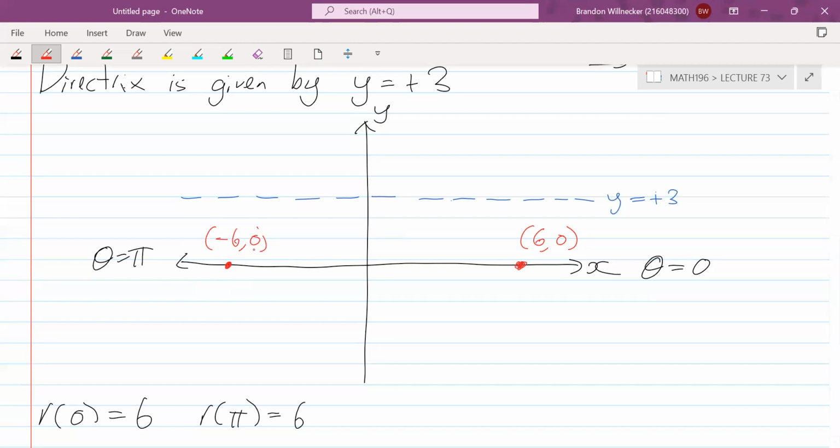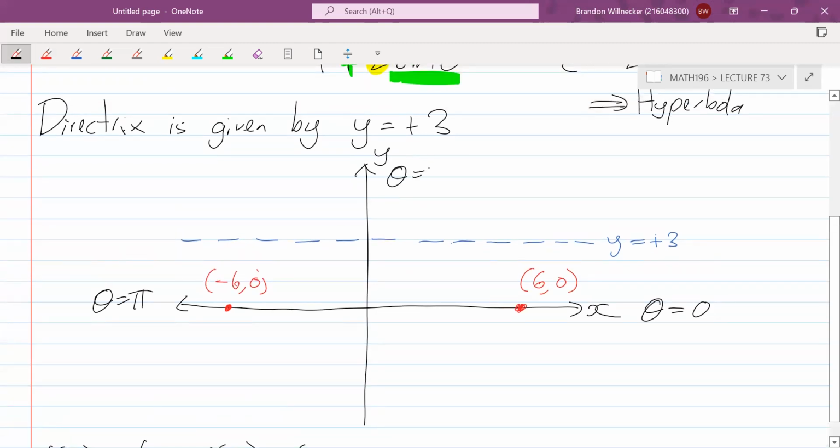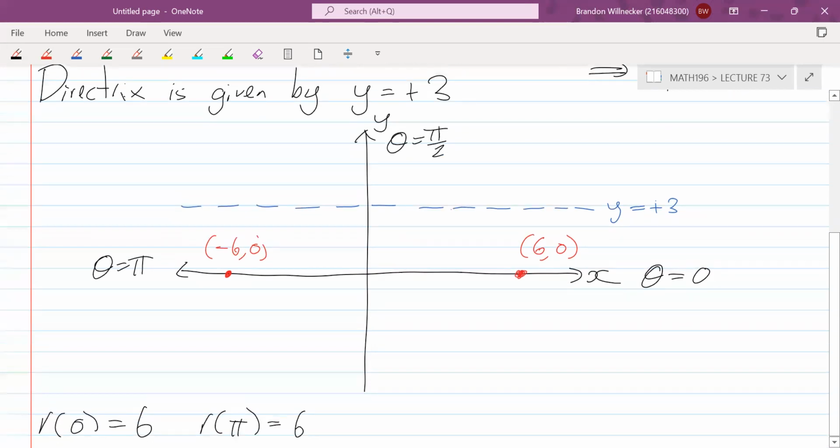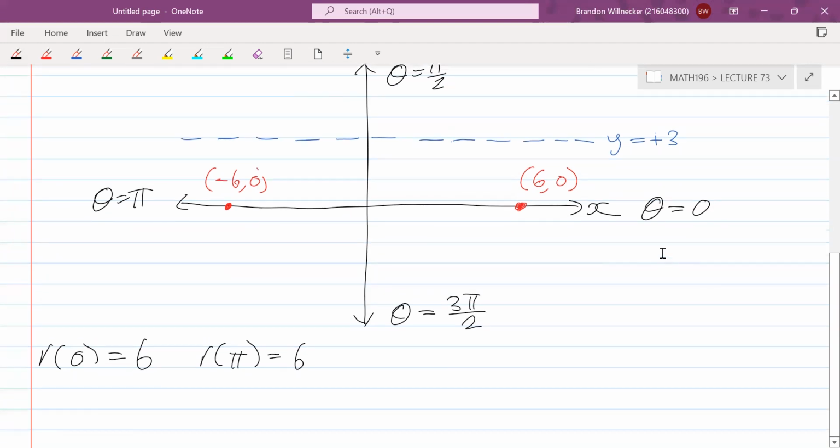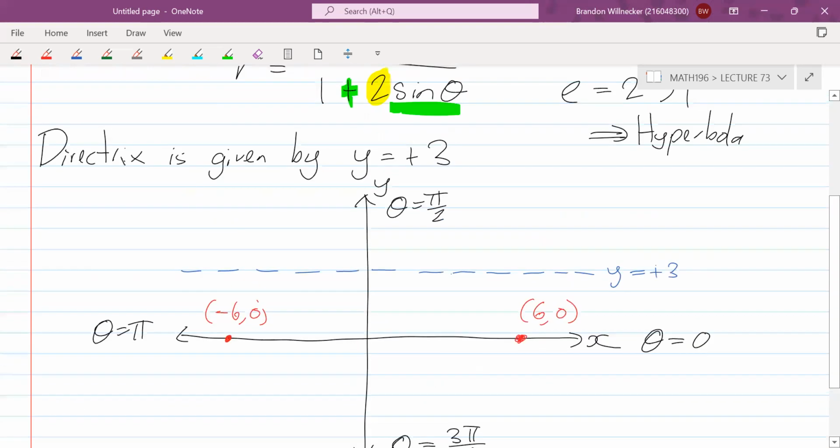What about the y-intercepts? Well, that is going to happen when theta is pi over 2, so we're looking in the positive y direction. And also we need to look the other y direction, so that's when theta is 3 pi over 2. So r at pi over 2, what's that going to be?